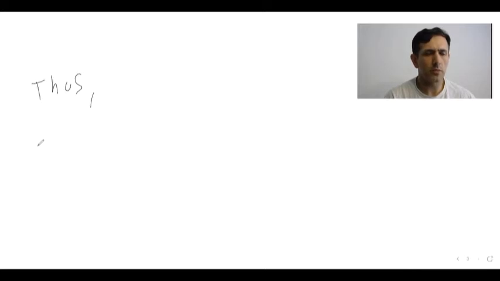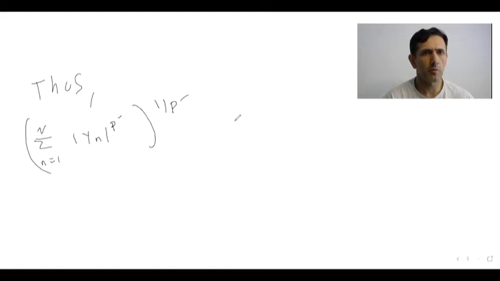So what is this? This is literally going to be n equals 1 to big N of y_n to the p prime, to the 1 over p prime. This is what the l^P prime norm of y_n is.